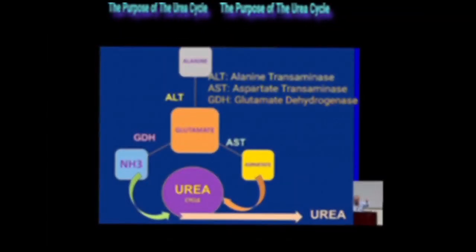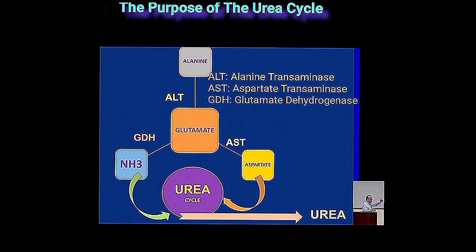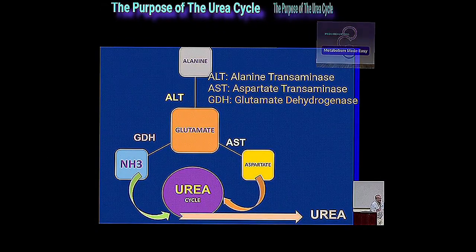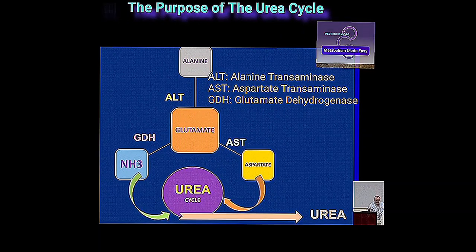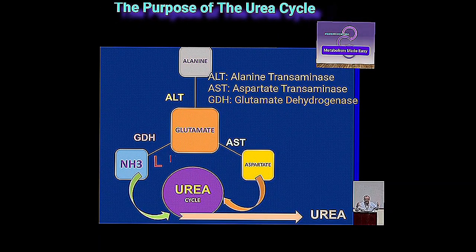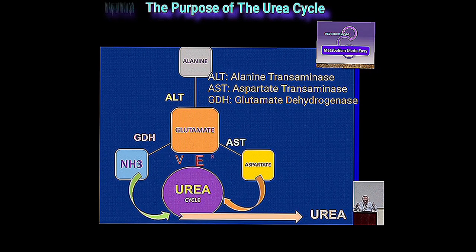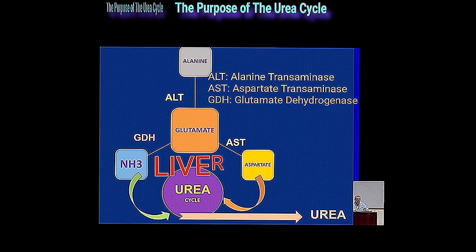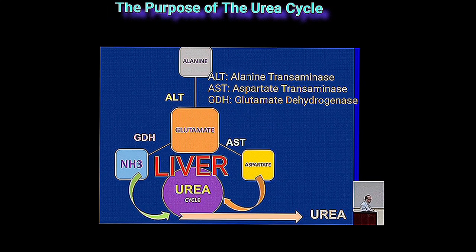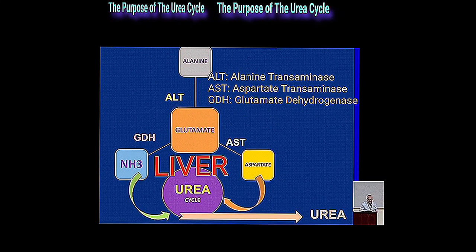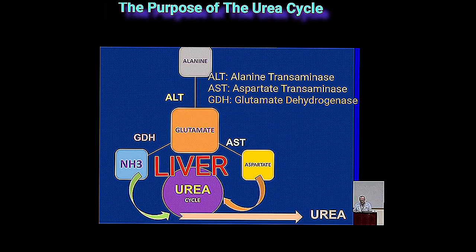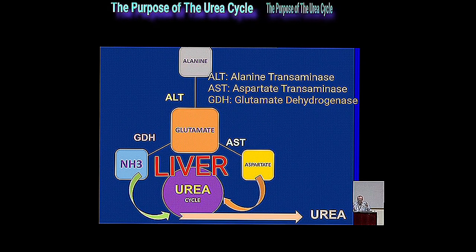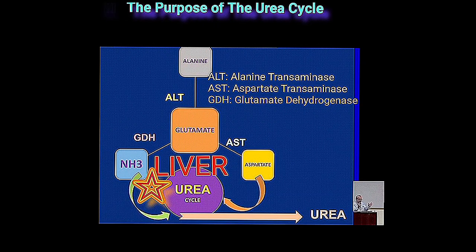The purpose of the urea cycle is to remove nitrogen/ammonia from cells, from the body, in a non-toxic form, say detoxifying ammonia. So that's what the urea cycle does.